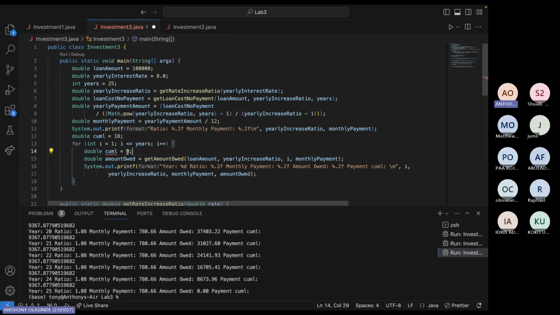That's one common mistake with loops. When you want to be accumulating something, like what we did yesterday with the dice, you want to accumulate one particular value overall. So it has to be outside the loop. If you put it inside, every time the loop starts again it changes cum to 0.